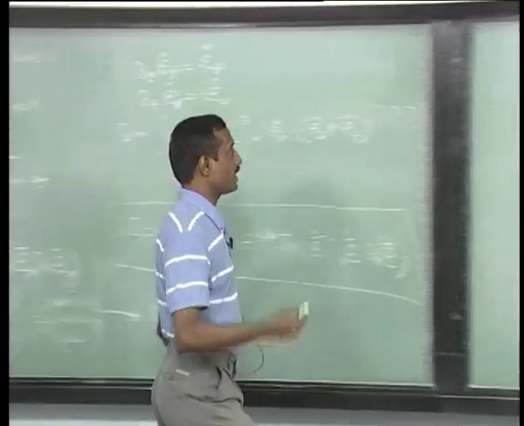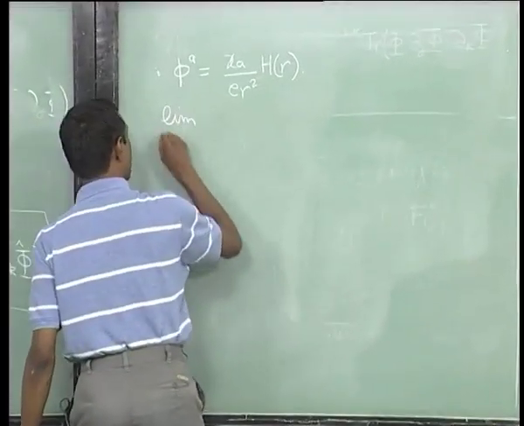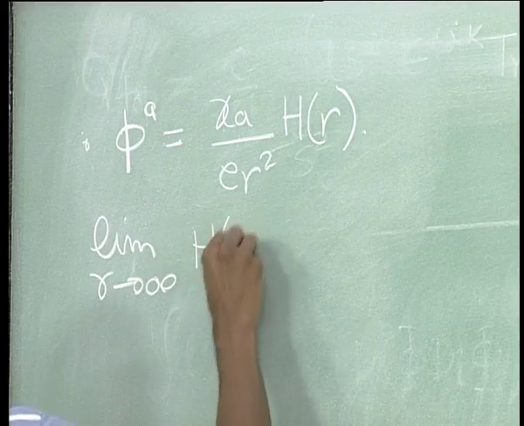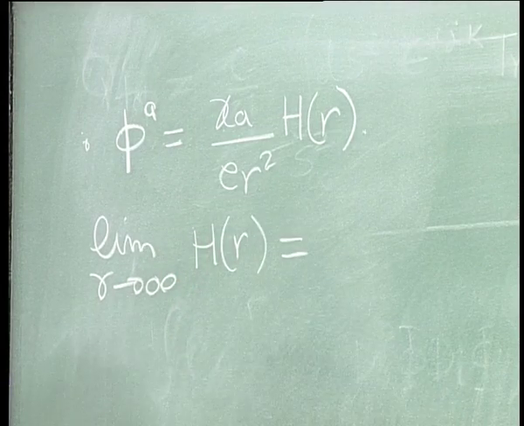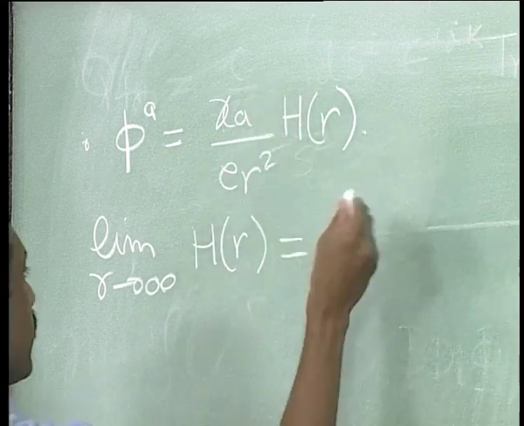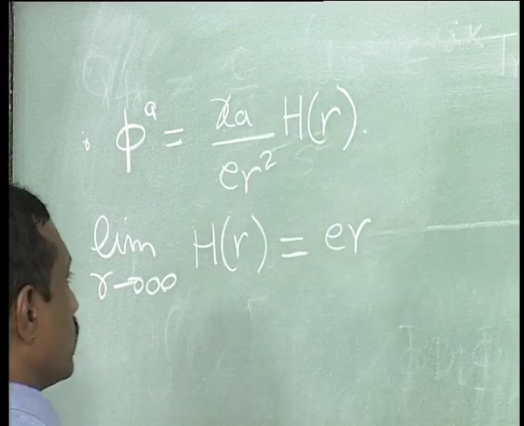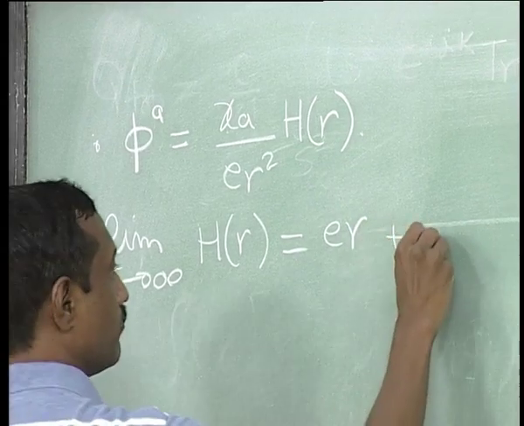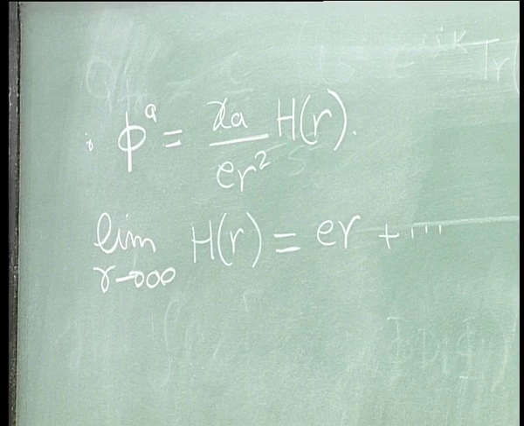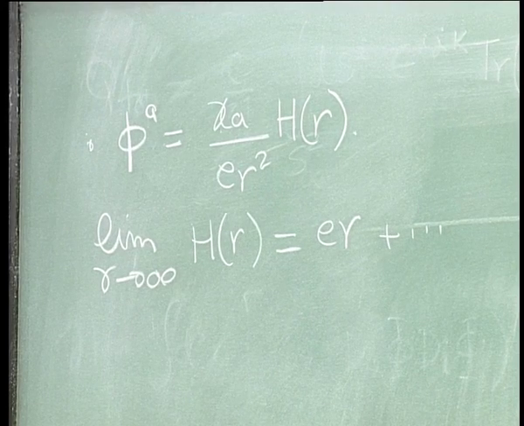So we can again go back and say that in the limit r tends to infinity, h of r should be such that this just becomes, should go like E of r plus stuff. Right.